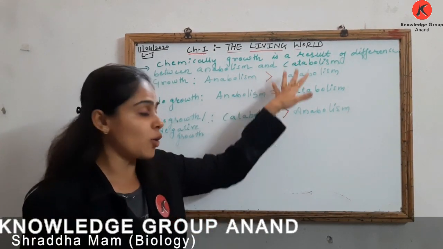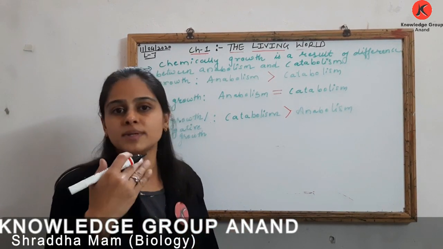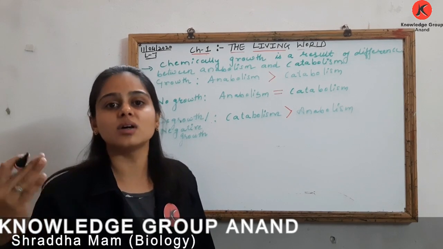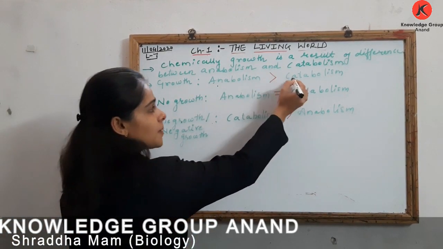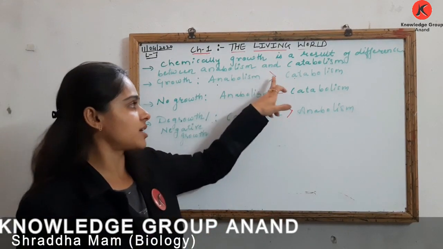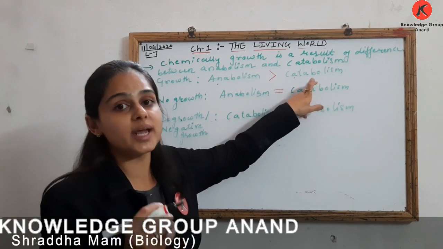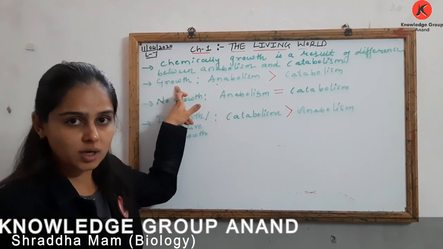Okay, now we are going to understand three parameters: when growth will occur, when it will be steady, and when growth declines. In the first case, if anabolism exceeds catabolism, meaning synthetic reactions are more than breakdown reactions, there is growth, of course.